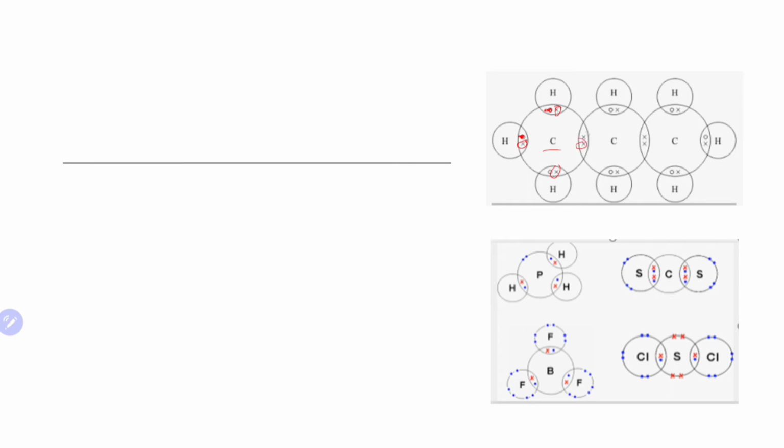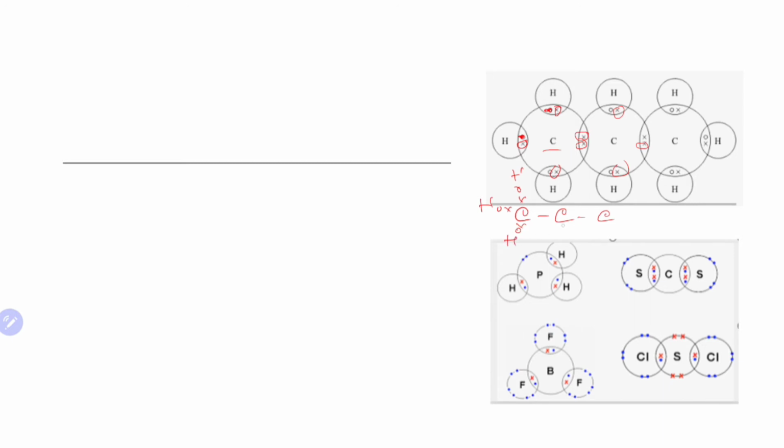Join with one carbon, so we can draw like this, one pair, single, and then the rest of the carbon electrons, there are 3, join with 3 H here.